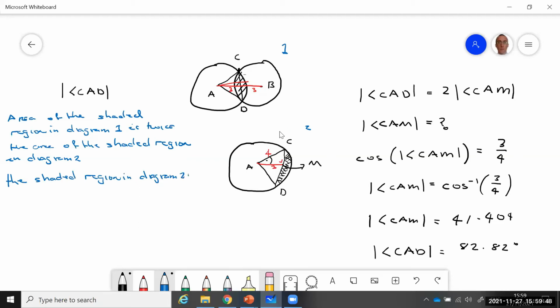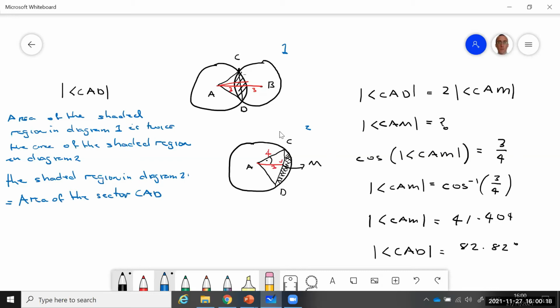Okay, so if you look at this particular diagram here, diagram 2, you can see that the shaded region is a difference between the sector CAD and the triangle CAD. So the area of the shaded region in diagram 2 is the area of the sector CAD.